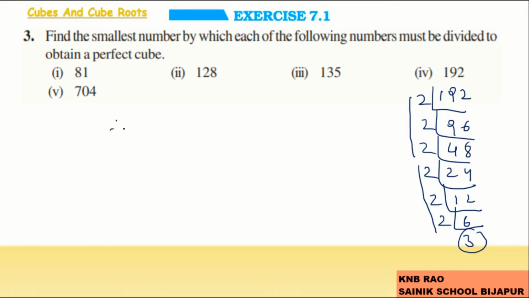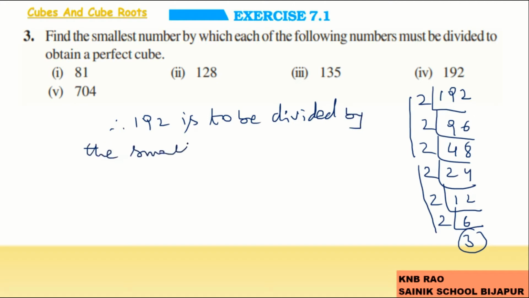Therefore, we need to say 192 is to be divided by the smallest number 3, so that the quotient becomes a perfect cube.